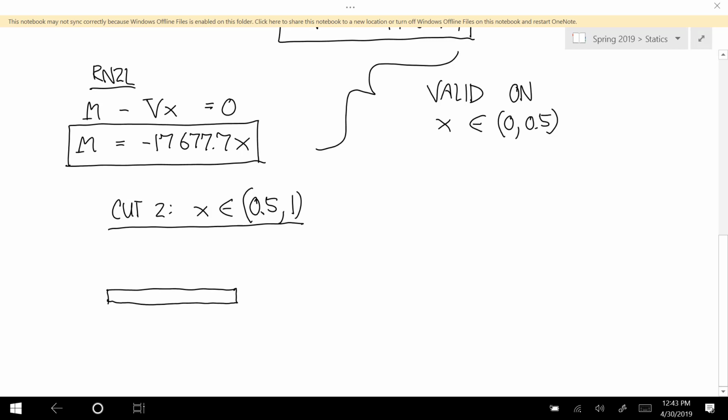This time we have some amount of that distributed load, and we have the force vector over here.